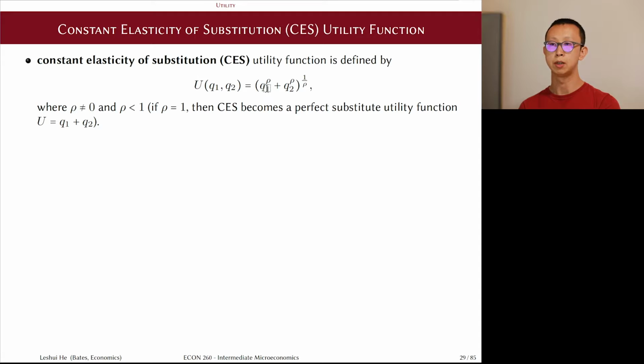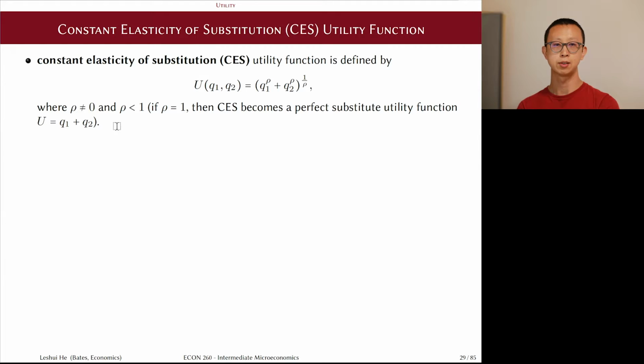We're going to take Q1 and raise it to the power of rho, which is just like alpha in the Cobb-Douglas utility function, just a constant. And then we're going to add that to the quantity of good 2, Q2 raised to the same power of rho. And then we're going to take the sum and raise it to the power of 1 over rho, the reciprocal of the power inside.